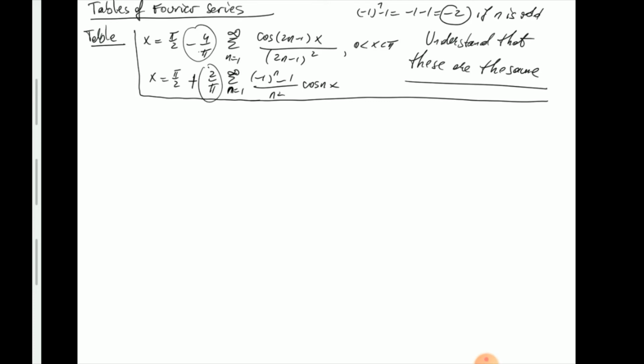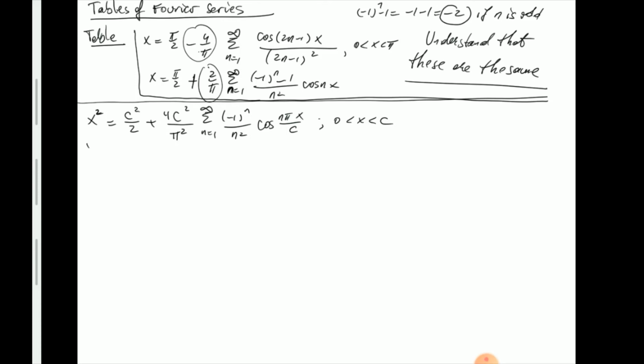So in practice, let me give another example from the table. Often various series are given on a generic interval. So for example, x squared has the following representation on the interval 0 to c: c squared over 3 plus 4c squared over pi squared, summation from 1 to infinity of (-1)^n over n squared, cosine of n pi x over c.